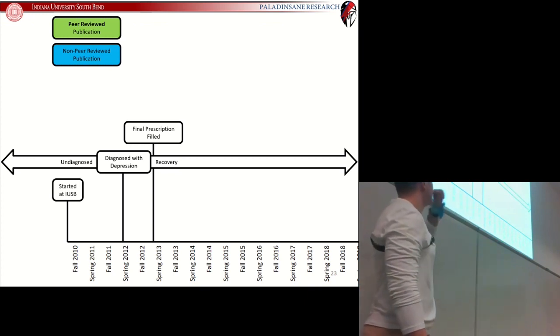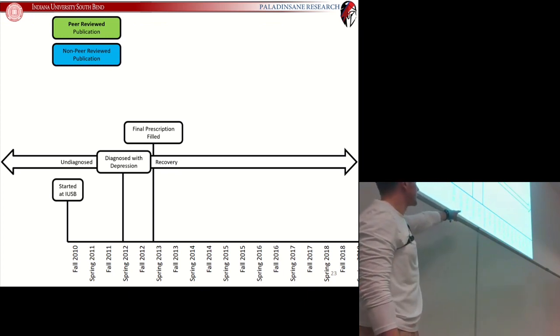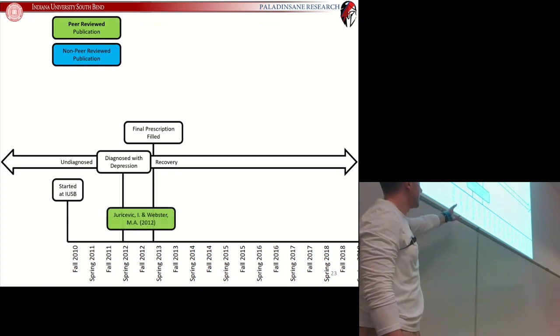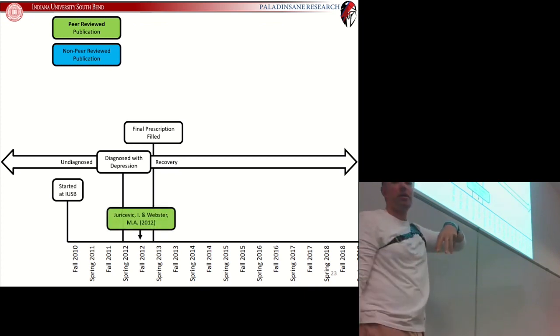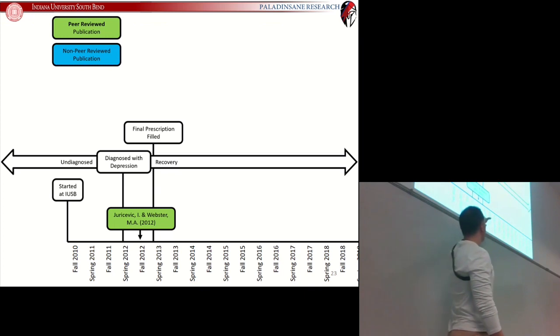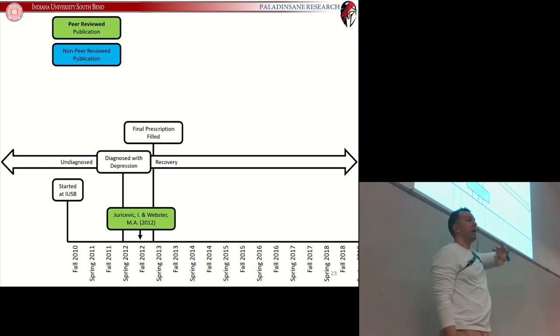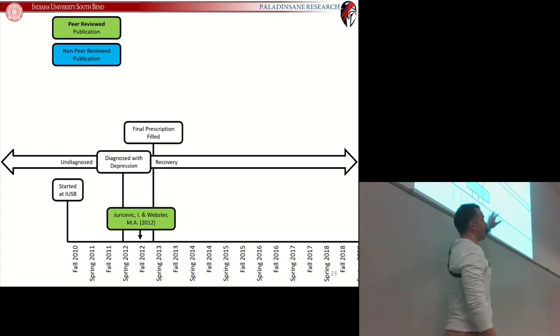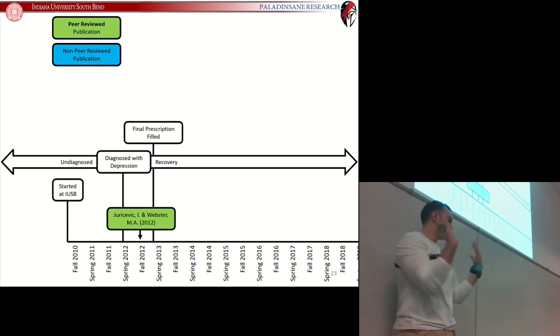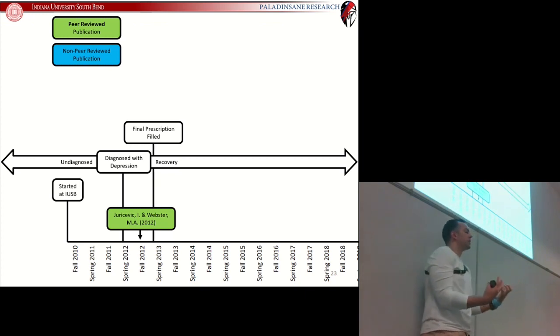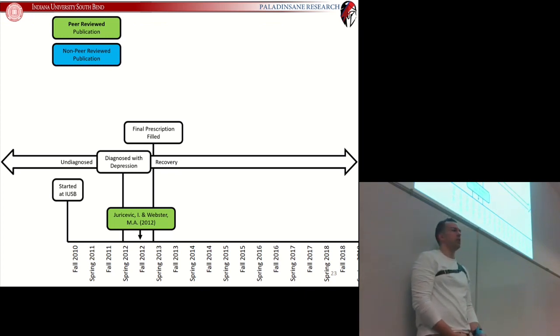So when I was in the midst of having depression, I published one article with my postdoc supervisor, and that was it. And that's not very much. We're supposed to do about 1 a year. That was all I could muster up because of the issues that I was dealing with when I was diagnosed with depression.